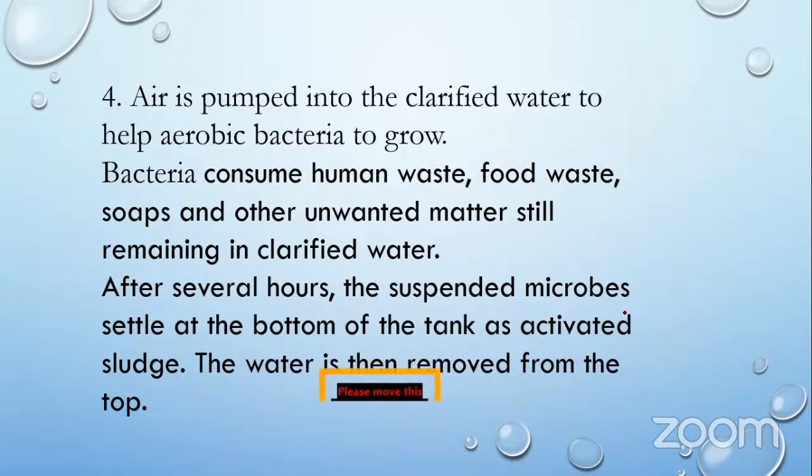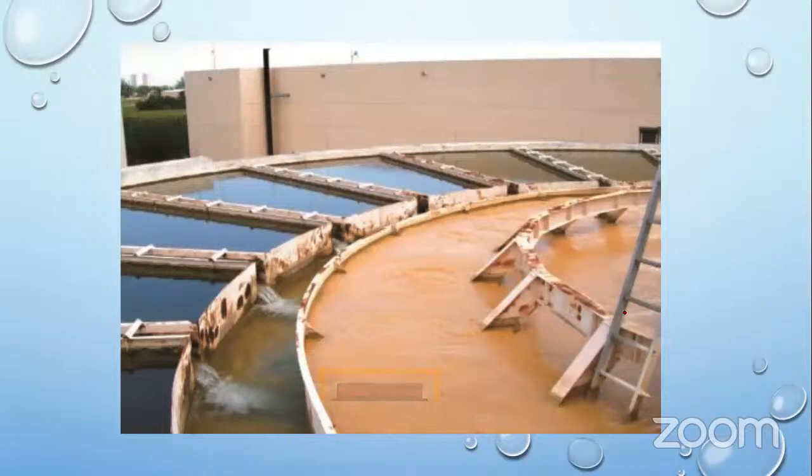So this clarified water is kept in the tank for many hours. Then what will happen? That bacteria also settles at the bottom of the tank. Then that is also removed as a sludge. Then they will collect the water from the top. Still clean water they will collect. See, this diagram you have in your textbook only.